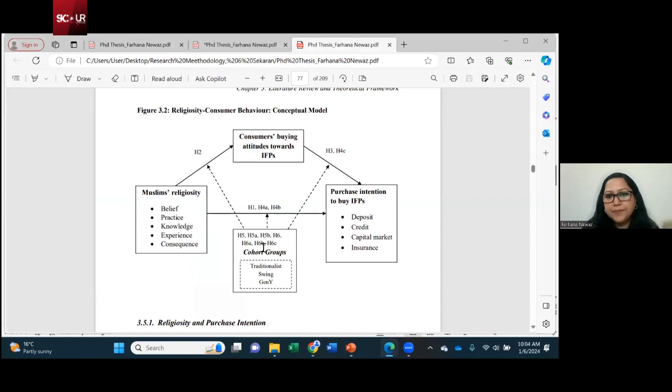I need to make sure that in my survey questionnaire, for each of these constructs or variables, there are questions related to them.